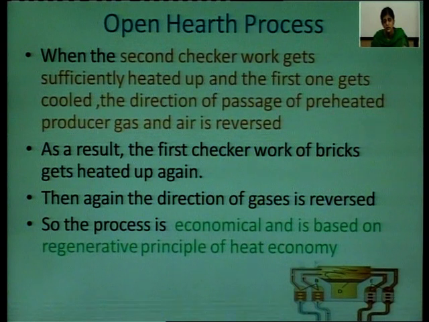So that means this process is economical and is based on the regenerative principle of heat economy. We are saving heat, that is the basic idea, we are saving the gases. Now, let us see actually what are the reactions that are taking place.